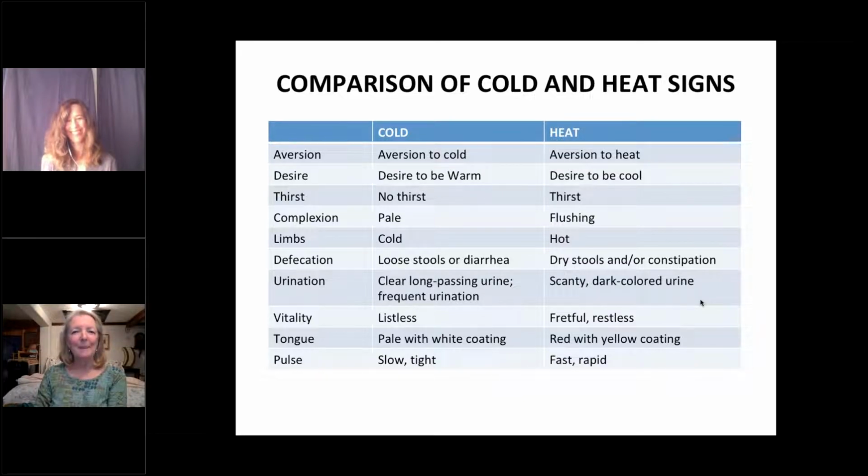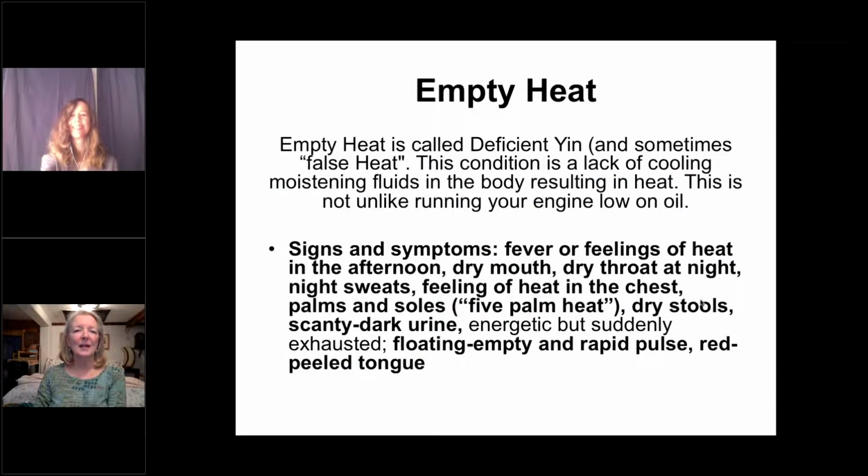Okay. So let's get to empty heat or false heat. Again, we talked about this. This is when there's a deficient yin condition, not enough cooling, moistening fluids, so the heat present appears hotter. Again, here are your signs and symptoms.